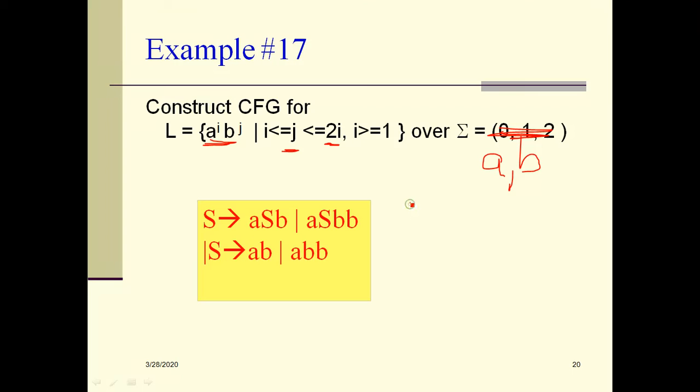So if i is equal to 1, then the string is either AB or ABB, less than or equal to this, right? So j is between i and 2i. If it is exactly a multiple, then we will use this. And for terminating this we have AB because this is the smallest string, and ABB is the second smallest string when j is a multiple of i, right? So this is another one.